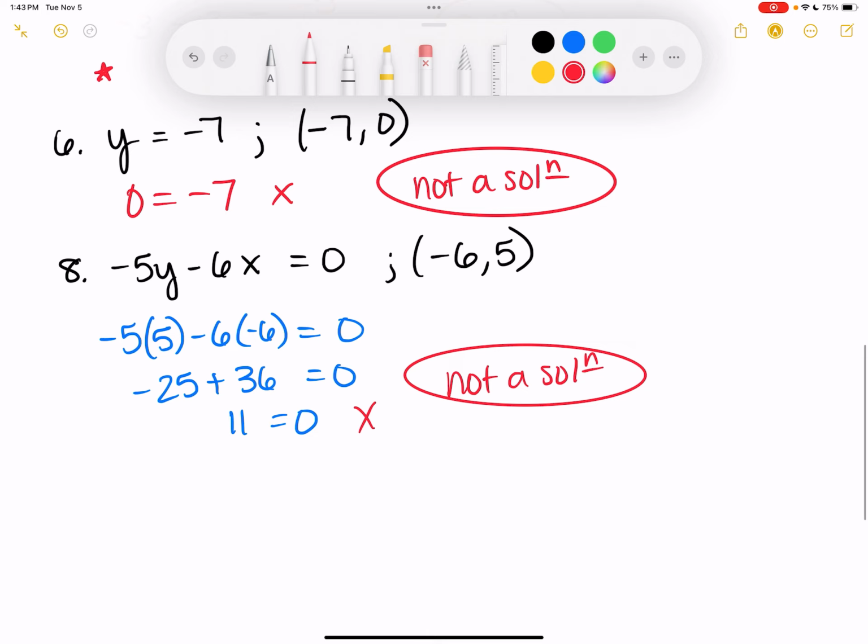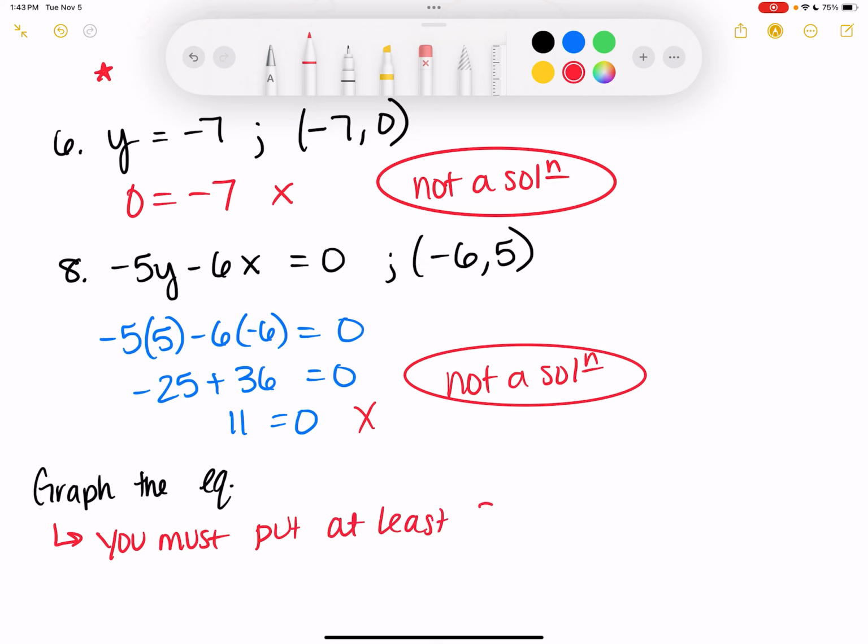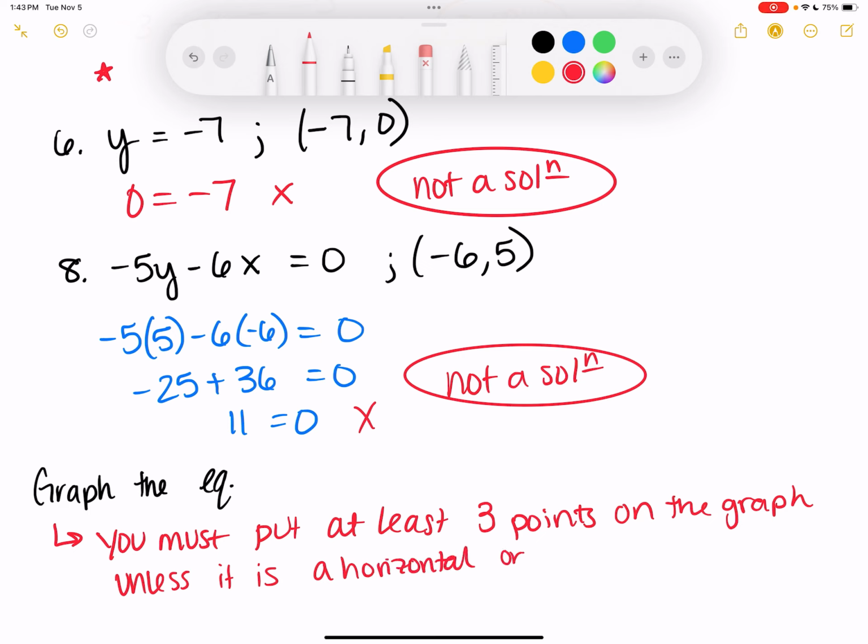All right, the next thing we're going to be doing is graph the equation. So this is where you may want your graph paper if you have it. When we're graphing the equation, you must put at least 3 points on the graph, unless it is a horizontal or vertical line.